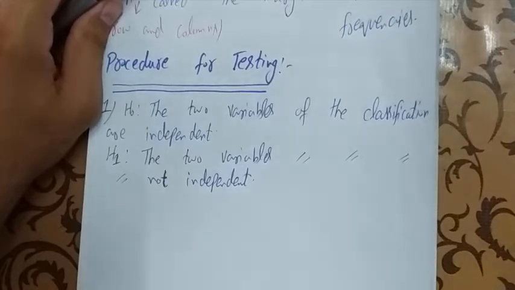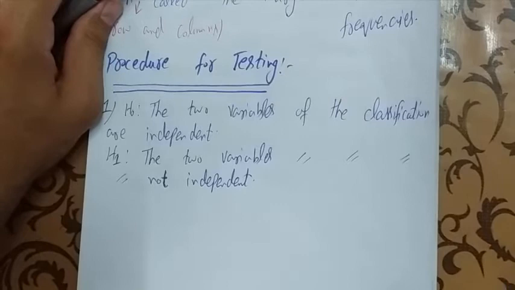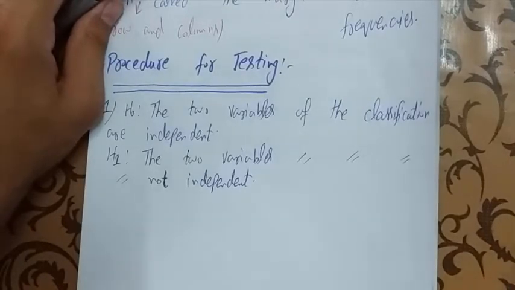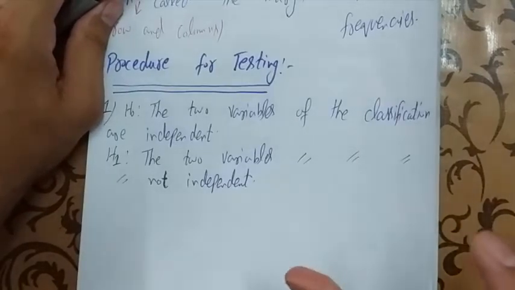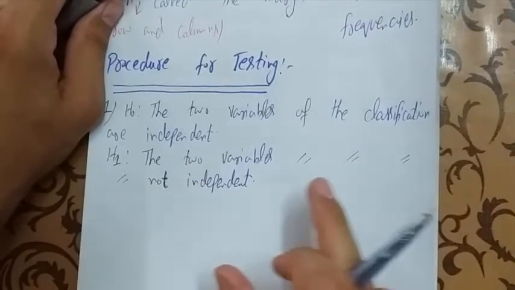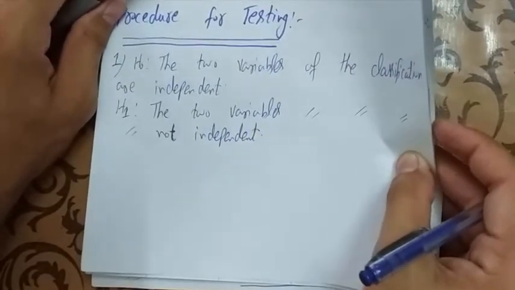Simply, when we are given any problem for the contingency table, in the first step you say the two variables of the classification are independent for the null hypothesis, and not independent for the alternative hypothesis.